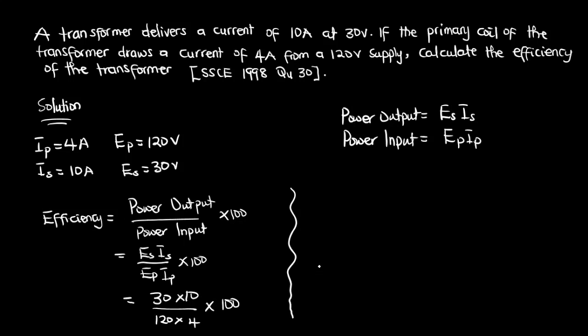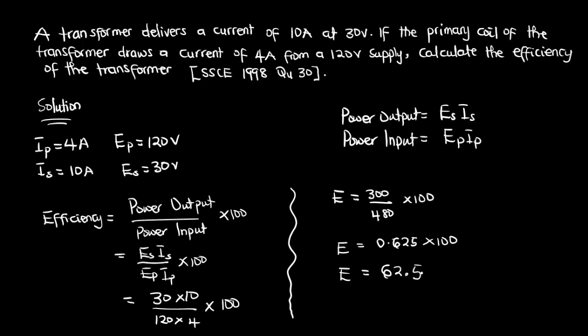So the efficiency is equal to 30 multiplied by 10, which is 300, divided by 120 multiplied by 4, which is 480, then multiplied by 100. So 300 divided by 480 gives us 0.625, then multiplied by 100, and this will therefore give me 62.5% as the efficiency of this particular transformer.